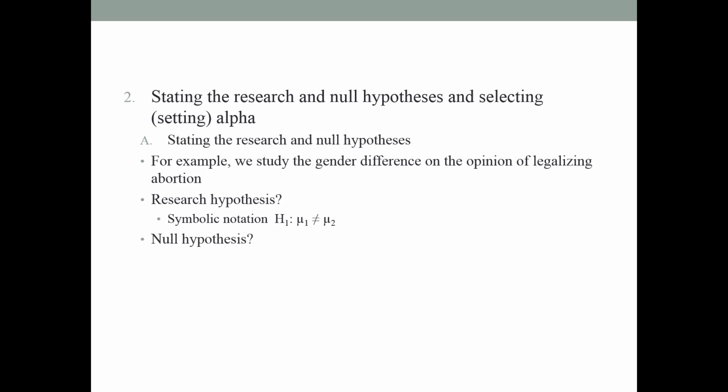And what will be the null hypothesis? This notation is H0, right? Because it's null, no, it's 0. So both populations are equal. Mu1 equals mu2. Now select alpha level. Yeah, just say 0.05. Everybody say 0.05. All right. So that's the second step.